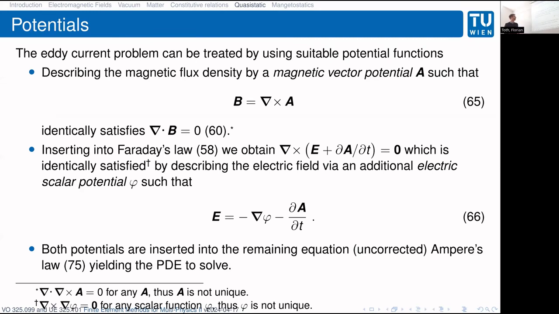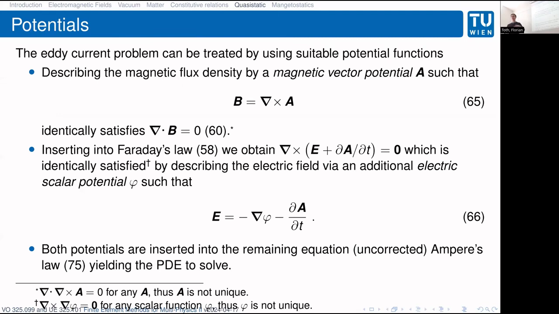Then you can insert this into Faraday's law to obtain the curl of E plus the dA/dt is zero, which is identically satisfied if you introduce the E field such that it is a gradient field, and in addition the dA/dt is also there, because again, the argument is the curl of the gradient needs to be zero.